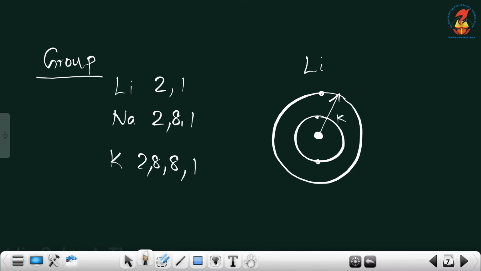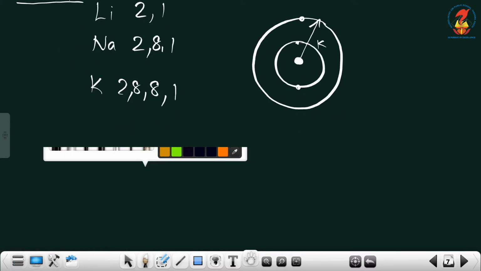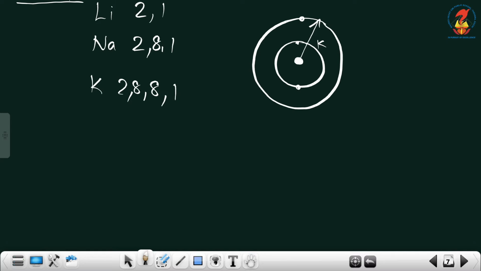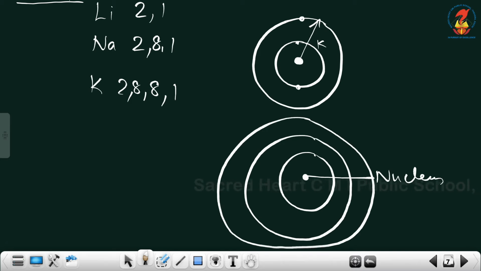Now I will draw the structure for sodium. This is the nucleus. How many shells are there for sodium?